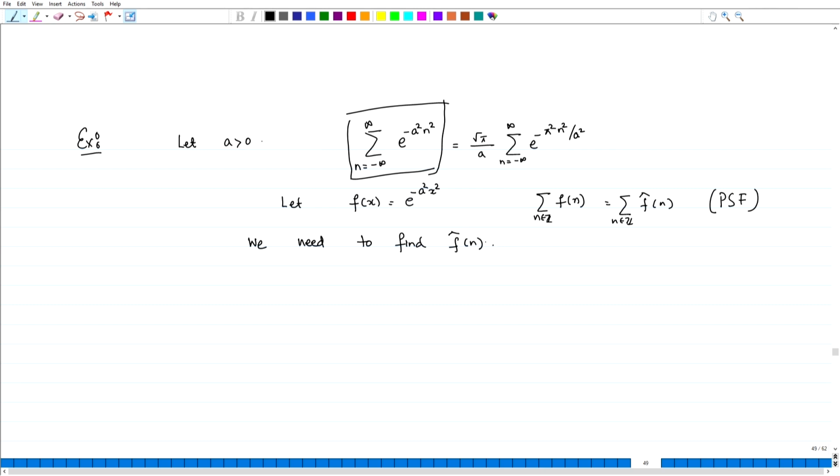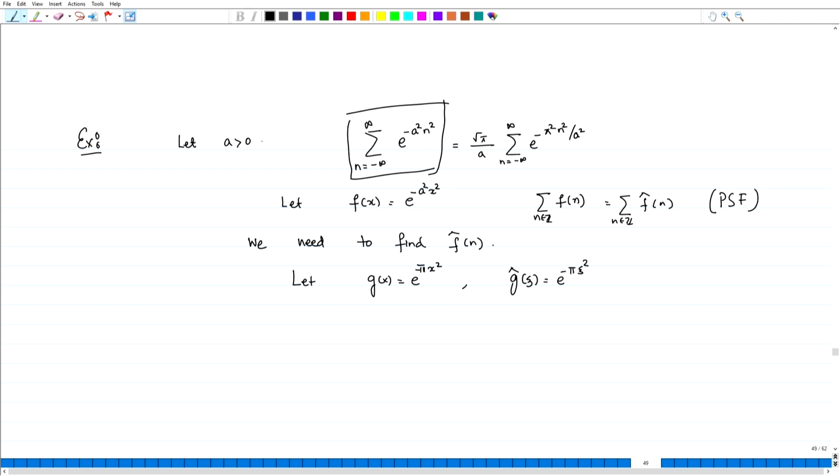F hat of n. Now let us look at g of x equal to e to the power minus pi x square. We know that g hat of xi, which we have computed, is equal to e to the power minus pi xi square.